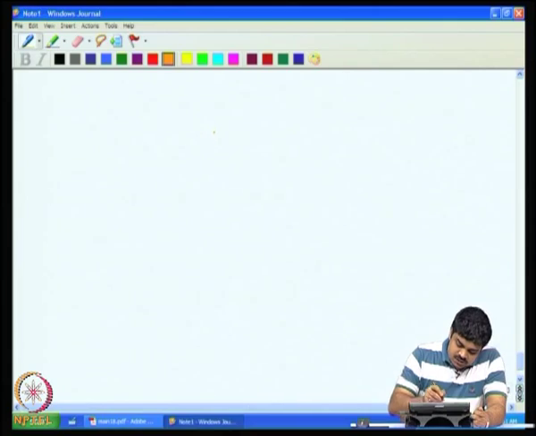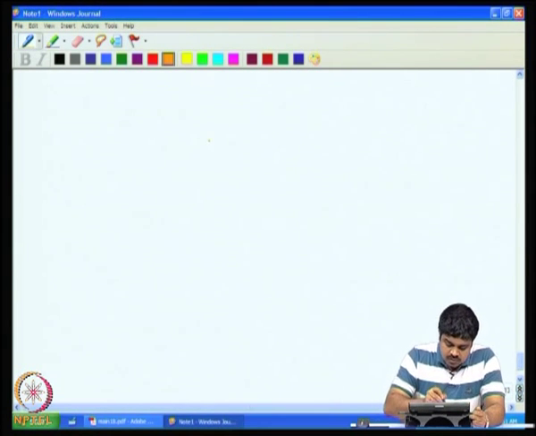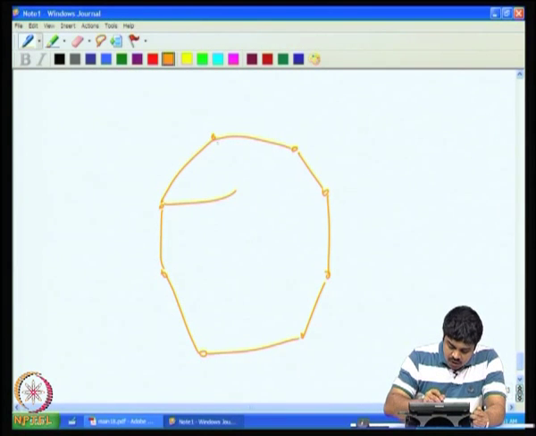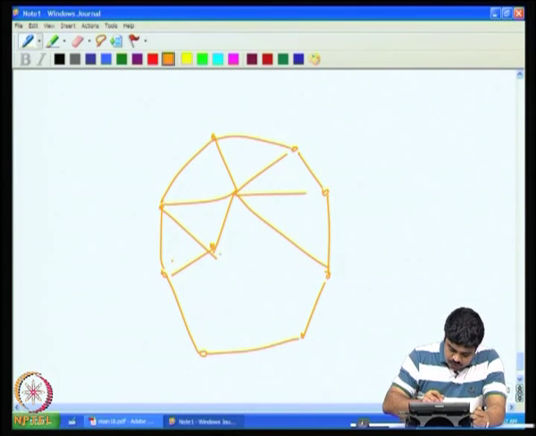So, in other words, you consider a special planar drawing. The requirement is that our outer face is the only non-triangular face which we are allowing. All other interior faces should be triangles already.